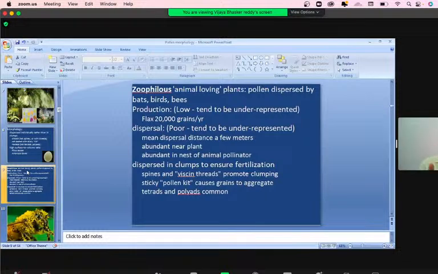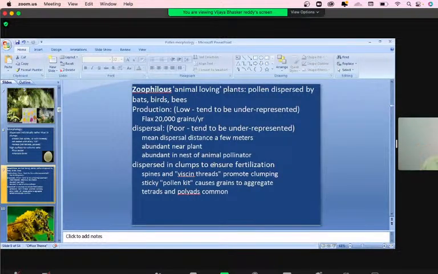And see, flax produces only 20,000 grains per year. That's a very poor number. And dispersal also. Most of the time, if you see honey bees, they build a honeycomb on a particular plant.